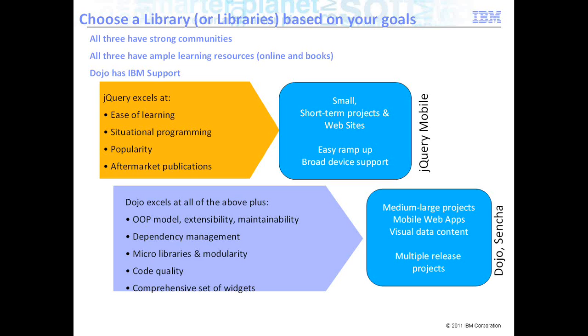Just an added advantage for Dojo is that it is supported by IBM. jQuery excels in ease of learning, situational programming, and popularity. It's more popular. So if your projects are short-term and the websites small, which need easy ramp-up and broad device-based support, then go for jQuery Mobile.